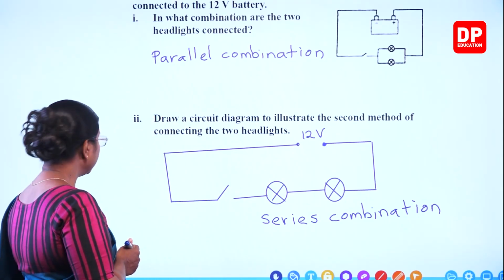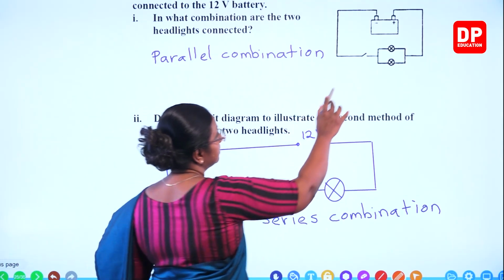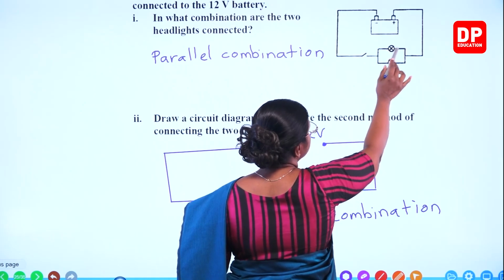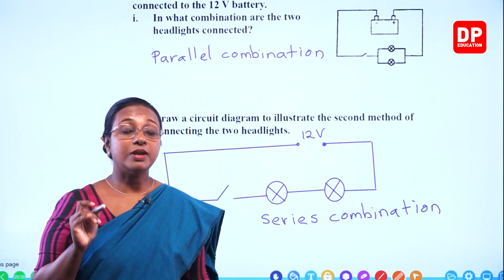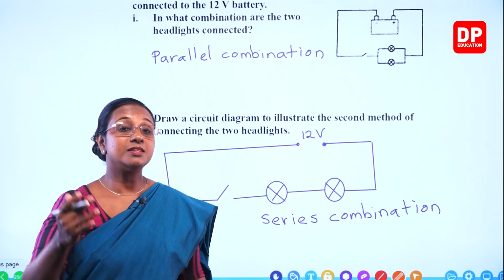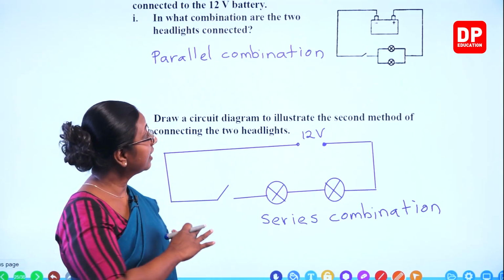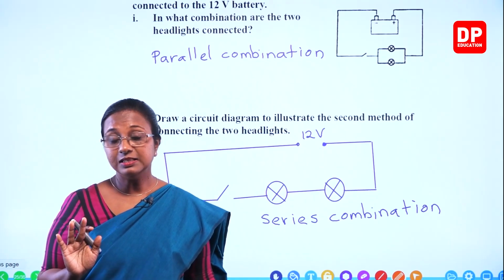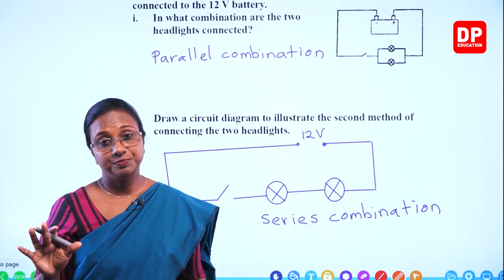But if you look at the parallel combination there, because they are parallel, the potential difference will be the same, and also you can remember, students, the equivalent resistance will decrease.